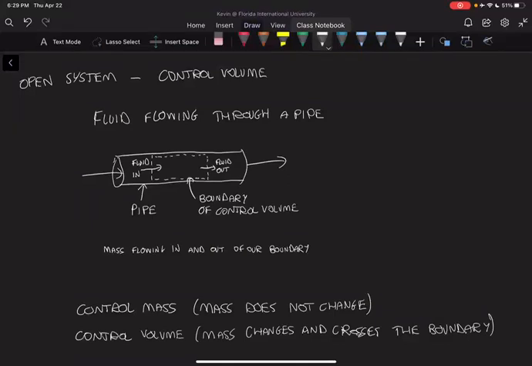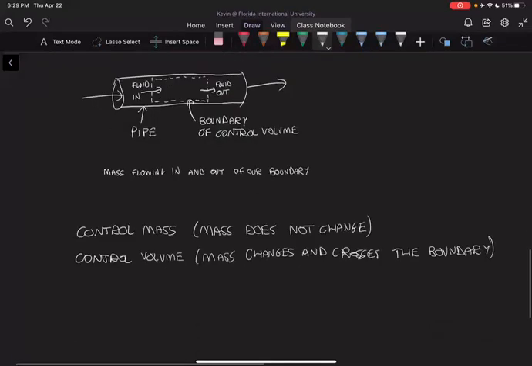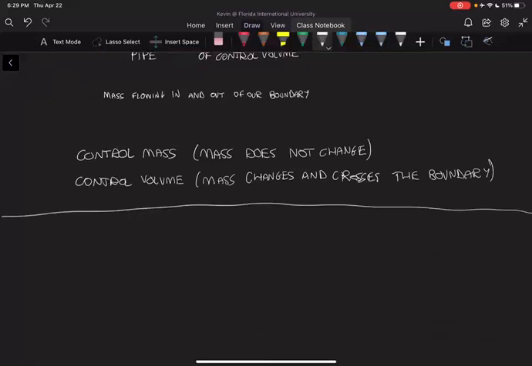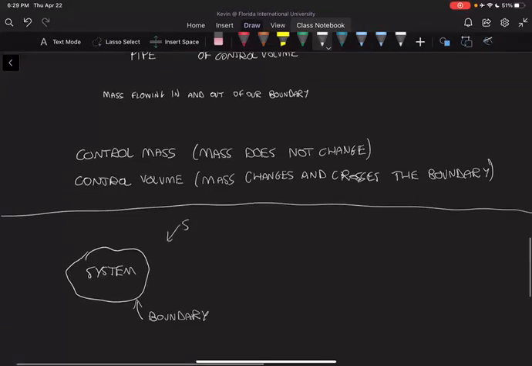Now, if we think of our system and its surroundings, we can define, in general, that an arbitrary system is bound by a boundary, and anything outside the system, so anything here outside the system, is just called the surroundings.